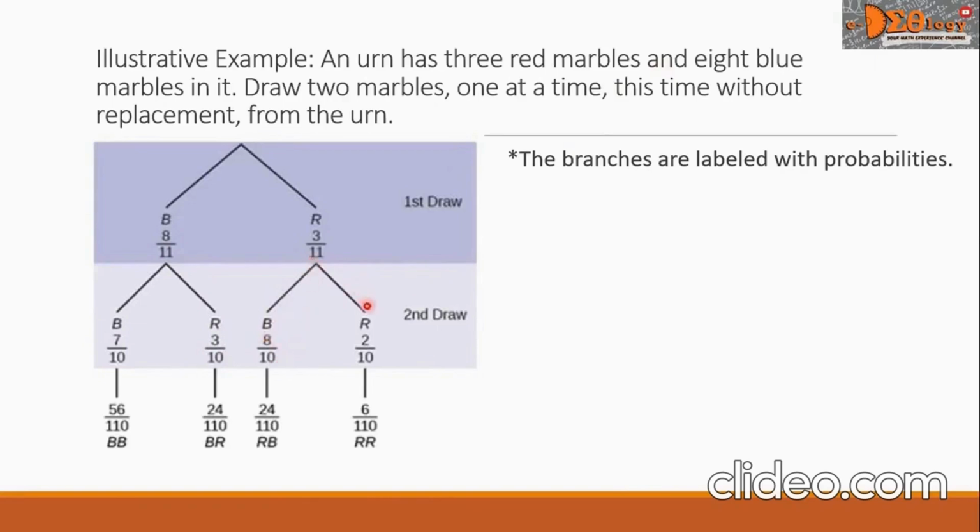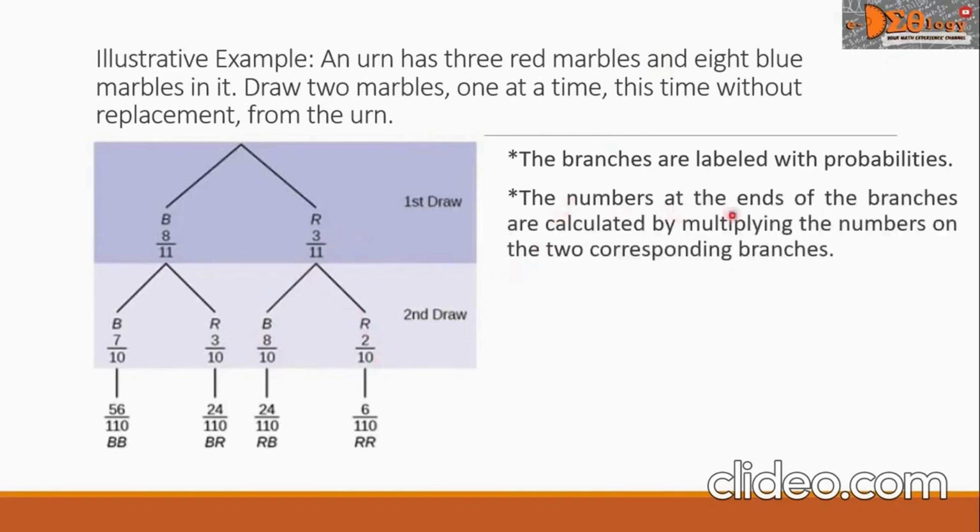The second branch represents the probability of taking another red marble. So from 3 marbles total, we assume that the red marble is already taken, so that is 3 minus 1 is 2 over 10.